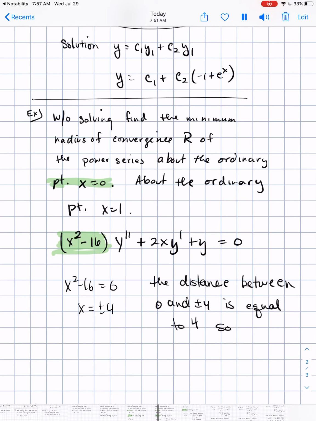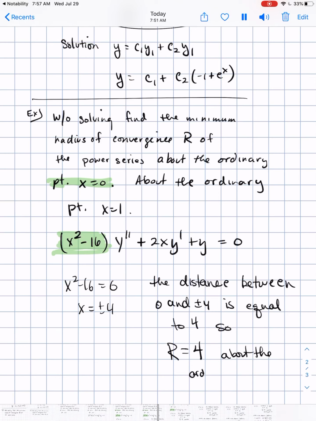So your radius of convergence is going to be 4 about the ordinary point x equals 0. Okay?